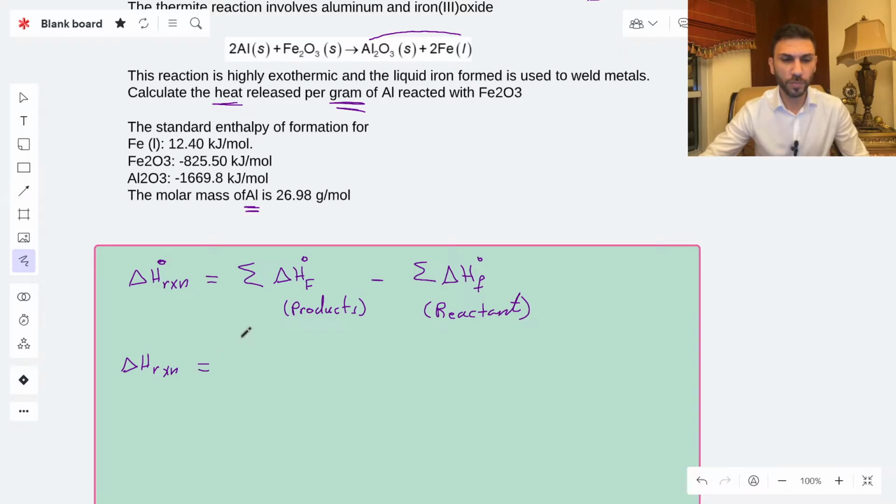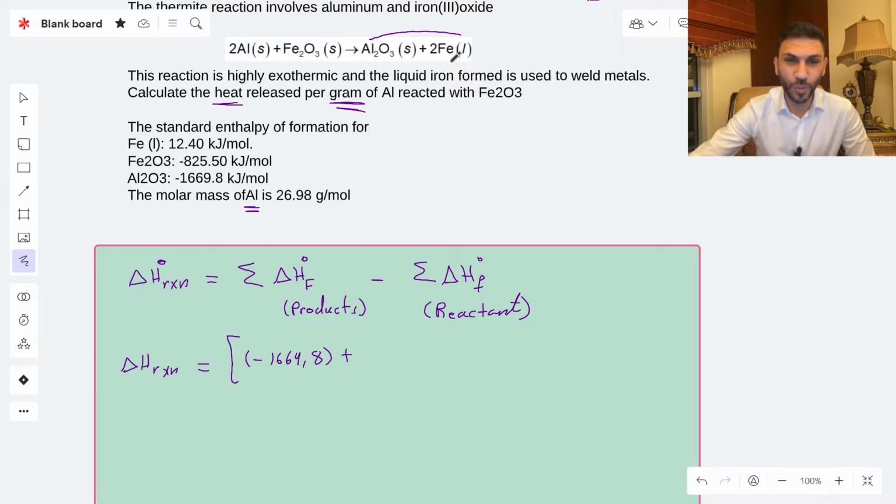equals, for the products now, we have Al2O3, and for Al2O3 it is negative 1669.8. And we have 1 mole, so I don't need to multiply it by anything. So it's going to be negative 1669.8 plus the second product, which is Fe.